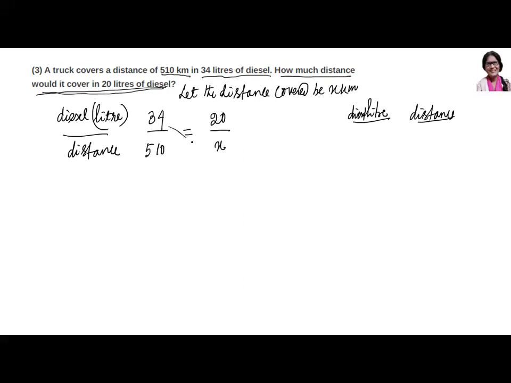Then how to solve? Cross multiply. So 34 multiplies x is equal to 510 multiplies 20, or x is equal to 510 multiplies 20 upon 34.